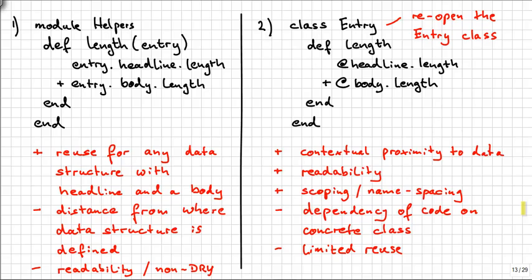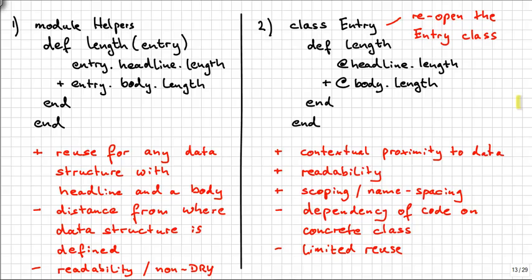Now, on the other hand, if we primarily use the length method with entry instances, then we have created distance between where the data structure is located or defined and where the methods that operate on the data structures are defined. We can also see that the readability isn't as high as on the right-hand side, or we can call it non-DRY, DRY standing for do not repeat yourself, because we have introduced the necessity here to repeat this entry parameter in our definition of length.